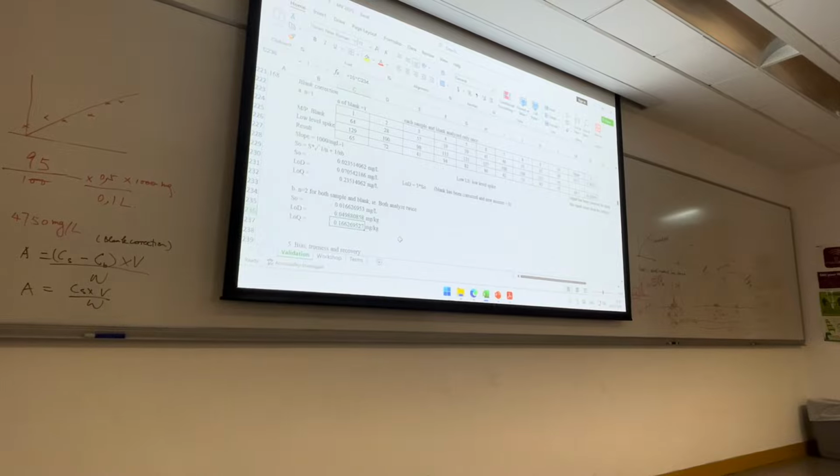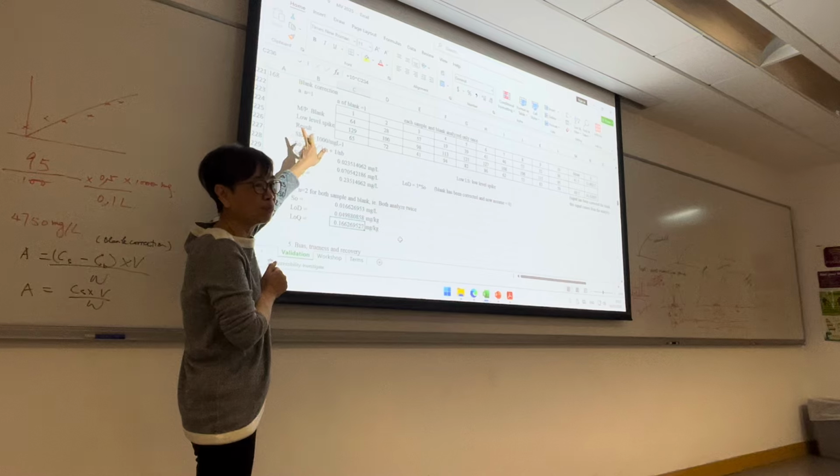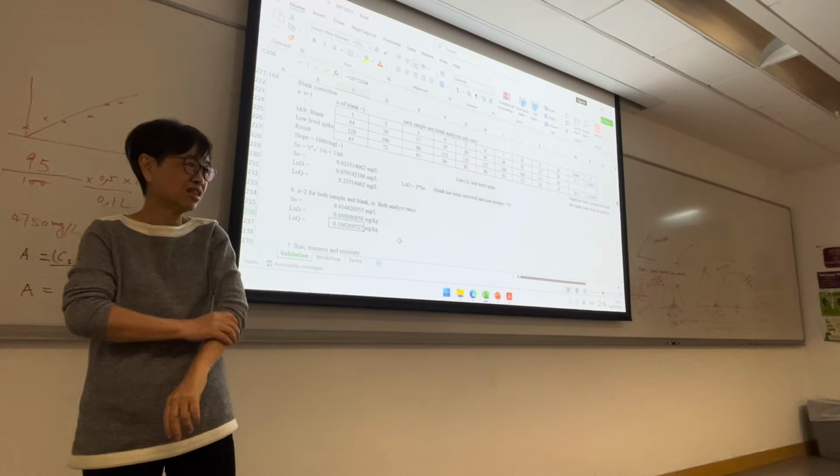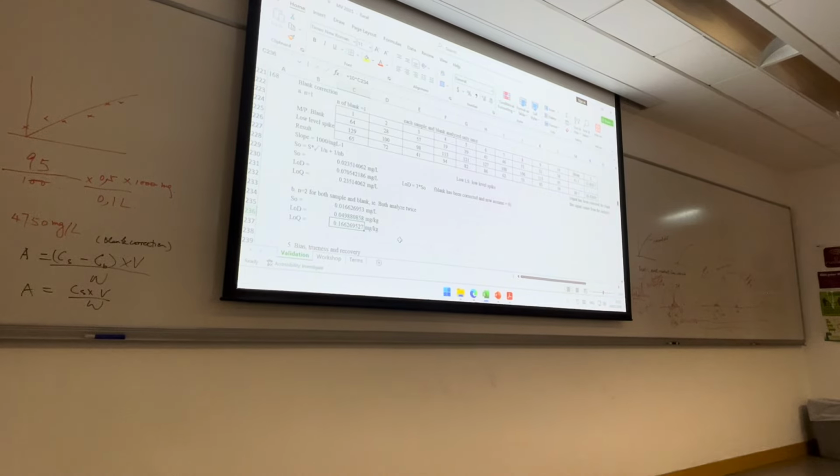Get the meaning here with blank correction. So there are 2 terms, the S or the S naught and the S naught, as given in EuroChem. It's based on the method. If your method doesn't correct blank, this part can be totally ignored.